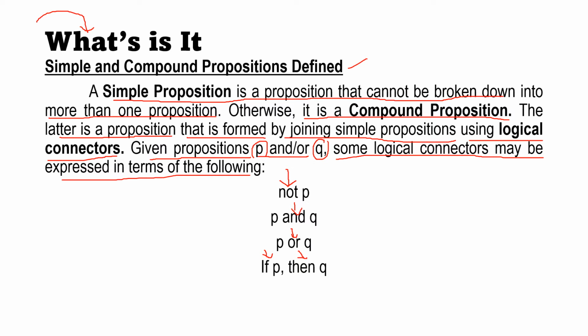Each of the logical connectors has its own representation. So there is an alignment for conjunction, disjunction, negation, conditional, and biconditional.